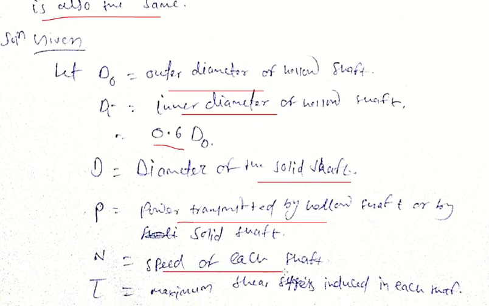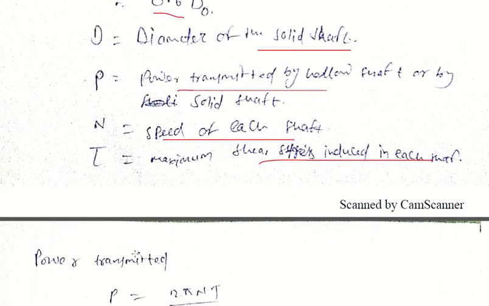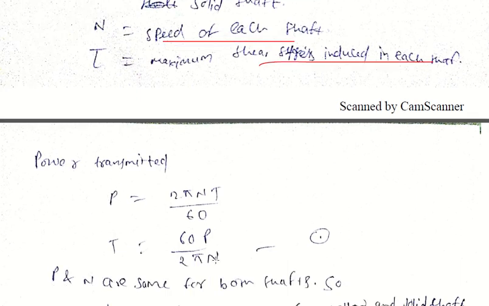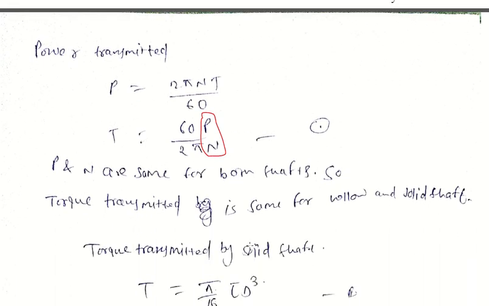and N is the speed of each shaft. Tau is the maximum shear stress induced in each shaft. So we know the power transmitted by the shaft is P equals 2 pi N T by 60. Here P by N is constant for both shafts, so torque is the same for both hollow and solid shaft.